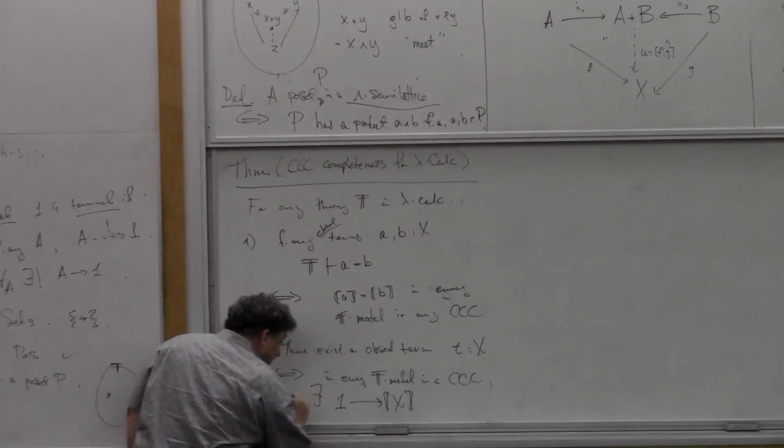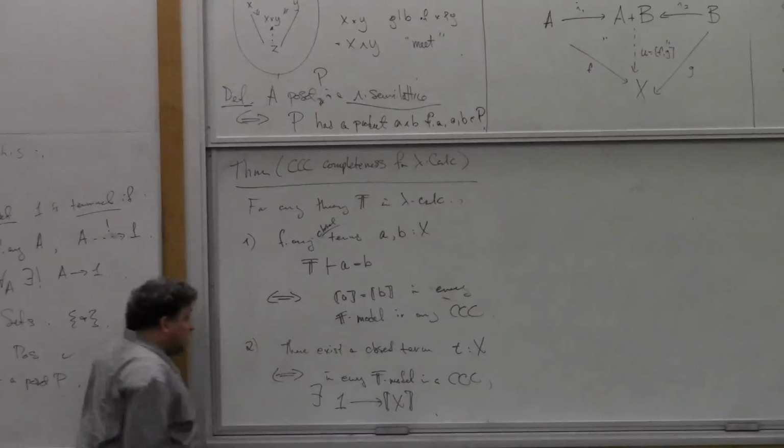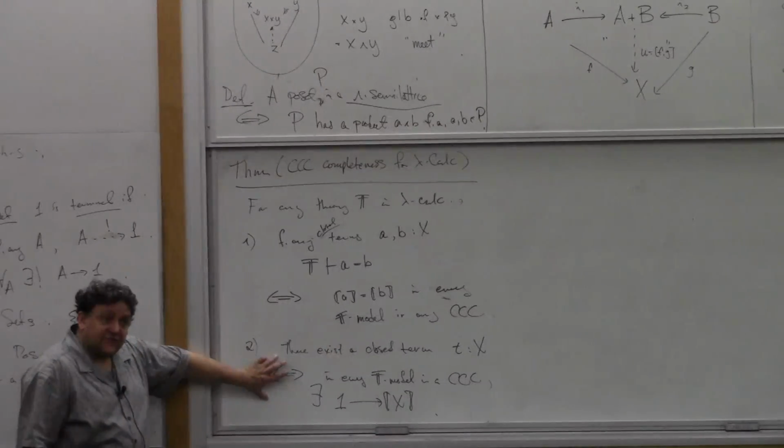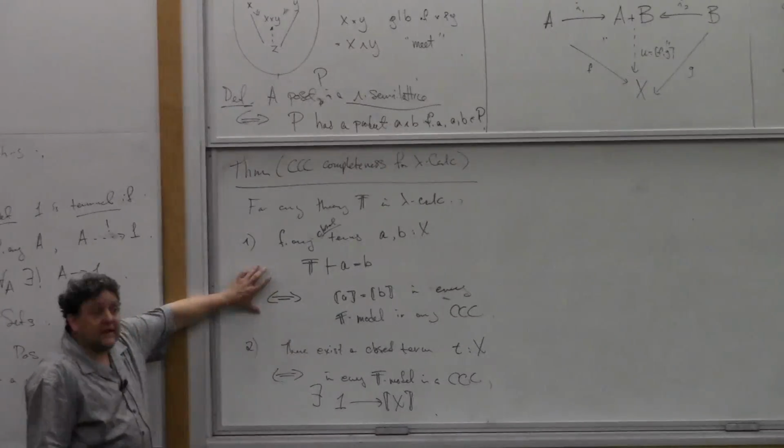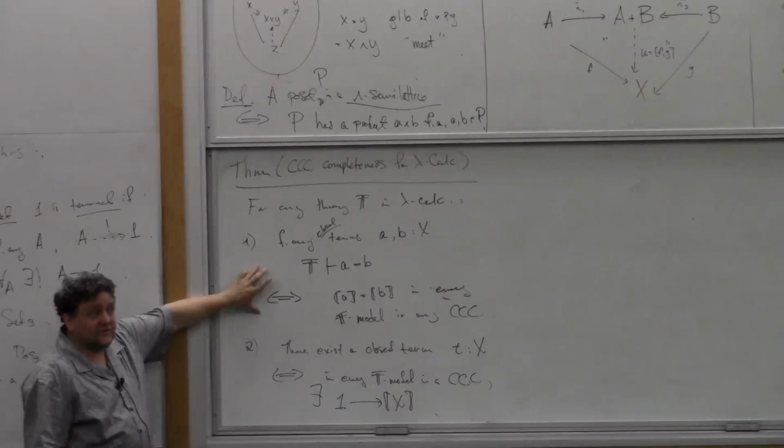So there exists a map from the terminal object. So it's a very strong sense of completeness. It's completeness in this deductive sense, and it's completeness of beta-eta equivalence with respect to CCC models.